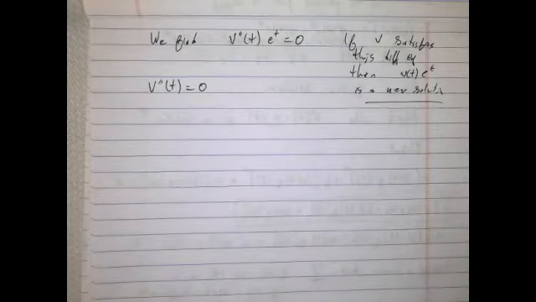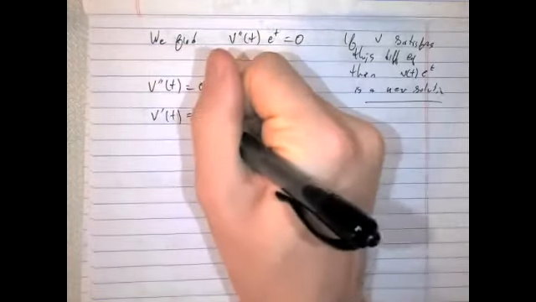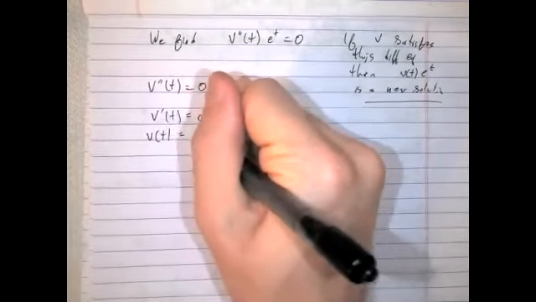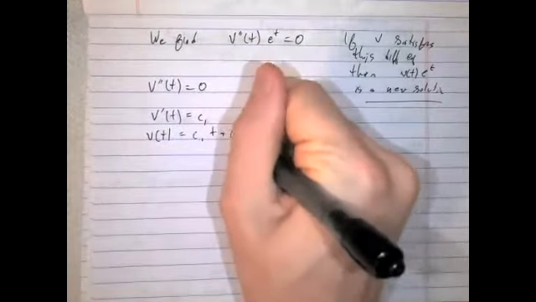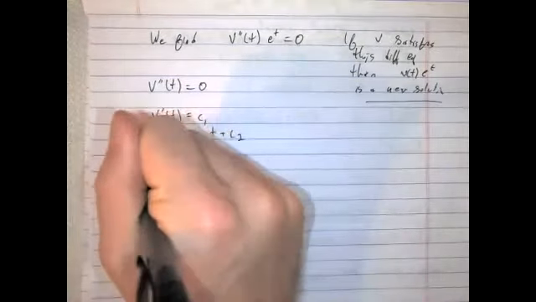So I integrate both sides once, so I get v prime of t is equal to some constant, and then v of t is equal to c1 t plus c2. Exercise for you.